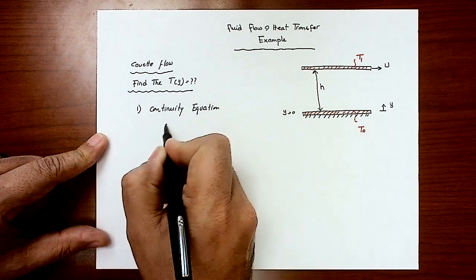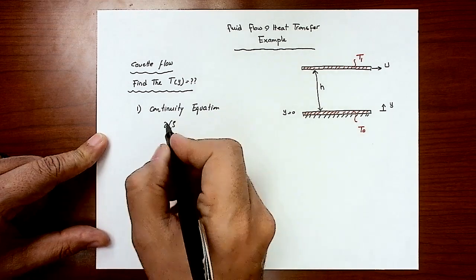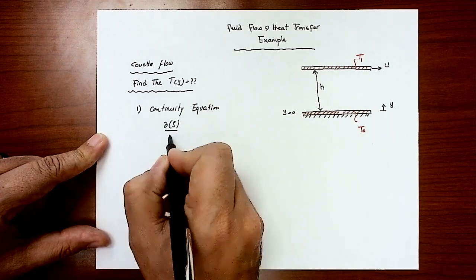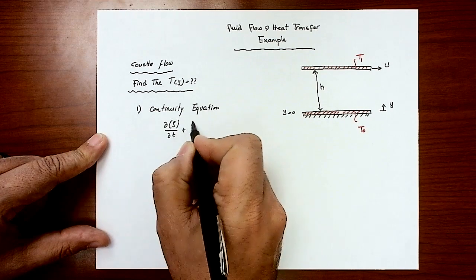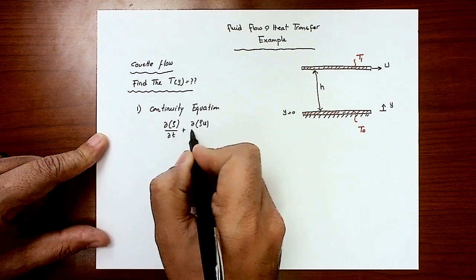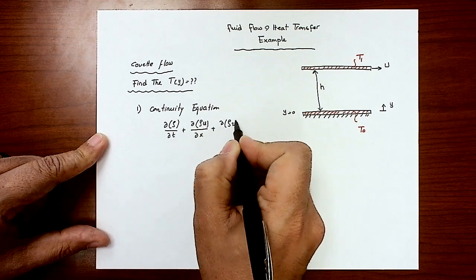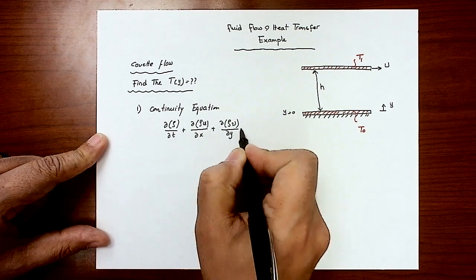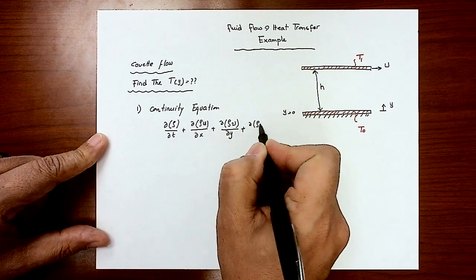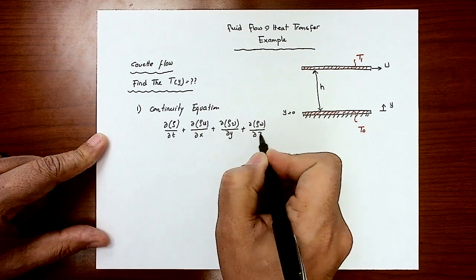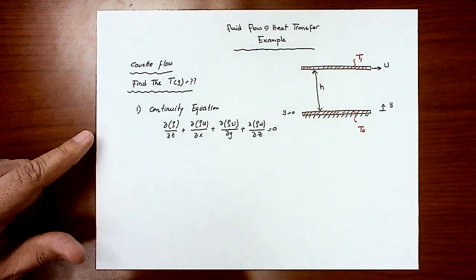So we have partial rho by partial t plus partial rho u by partial x plus partial rho v by partial y plus partial rho w by partial z equal to 0.